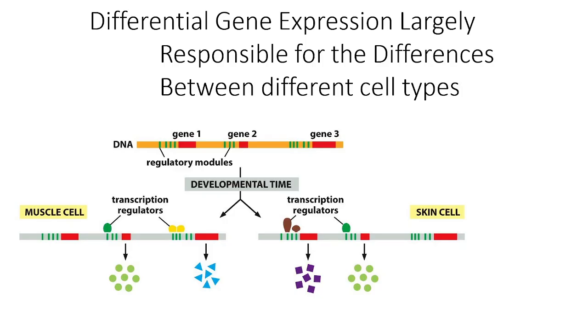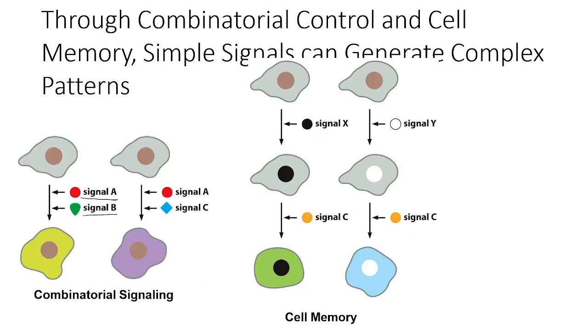Nearly all somatic cells carry the same genome, but different sets of genes are turned on and off. Cells integrate combinatorial signaling, that's multiple extracellular signals in different combinations, and use cell memory to maintain stable gene expression patterns over time.